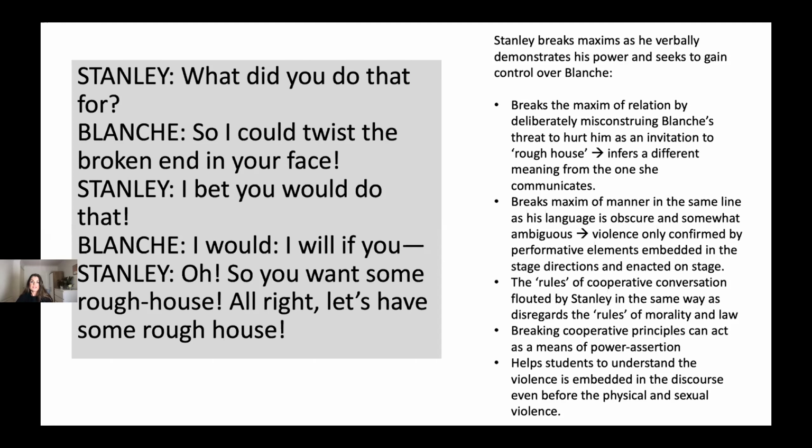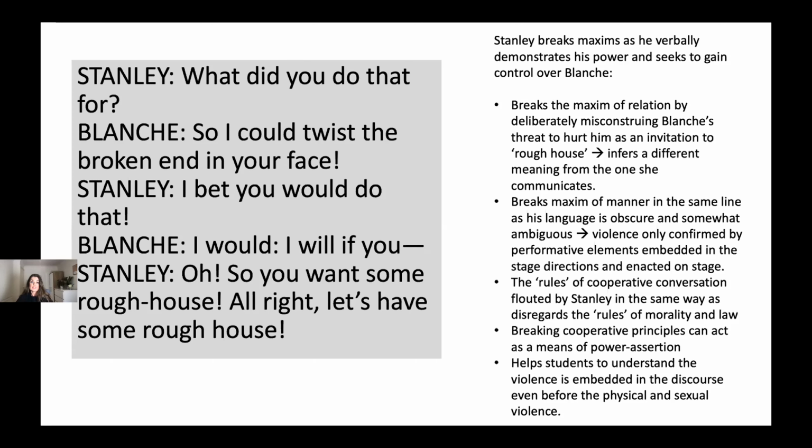So the violence is only confirmed by the performative elements that are embedded in the stage directions and then enacted on stage too. And we can see then that he is flouting the rules of cooperative conversation in the same way as he then goes on to disregard the rules of morality and law in what he then goes on to do.